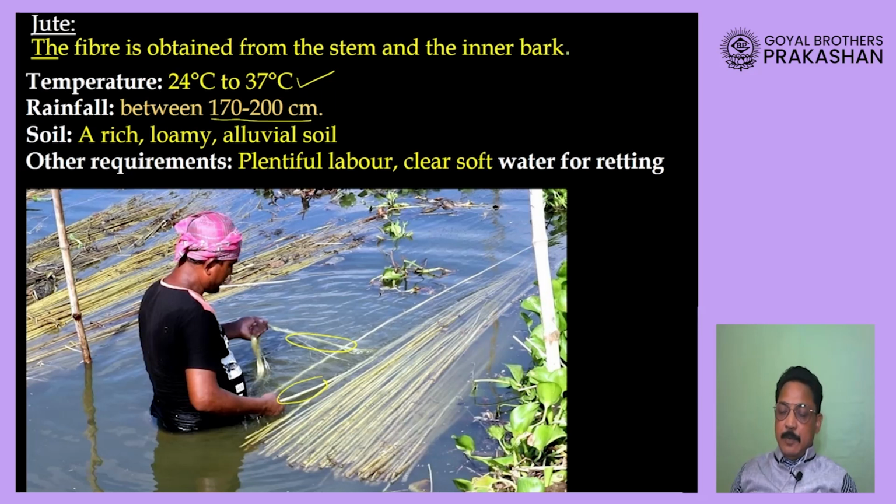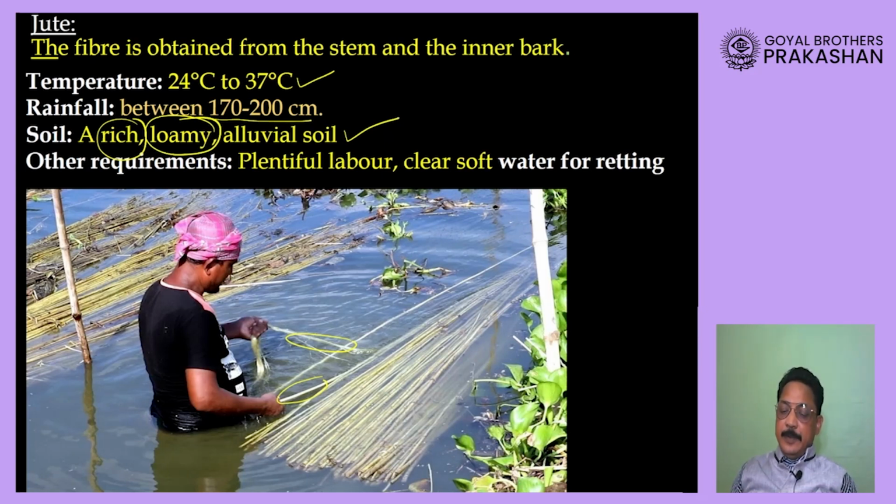Then it also requires renewed, fresh alluvial soil, which is rich, consisting of a lot of fertilizers and nutrients. I mean to say, the soil has to be loamy. Loamy we have studied, it's a mixture of sand and clay, and it also grows very well in alluvial soil.